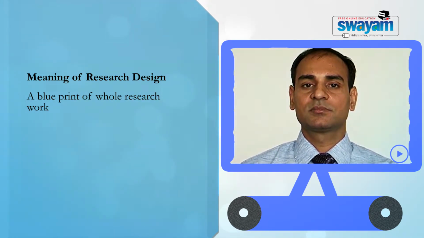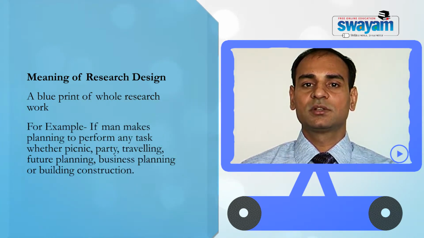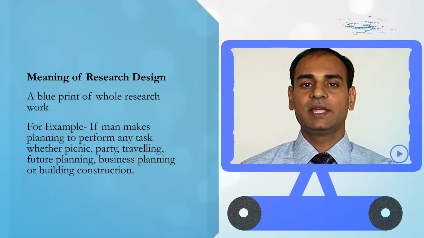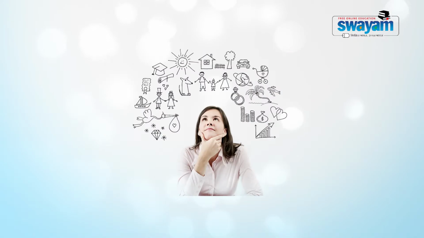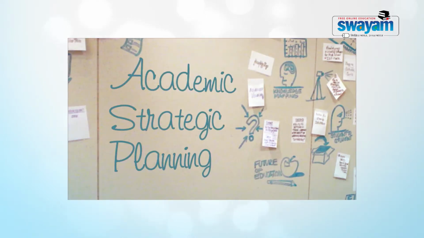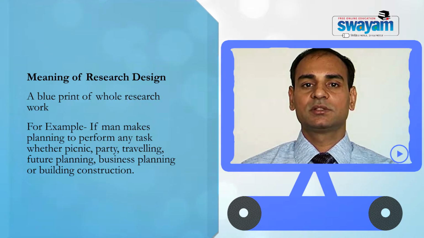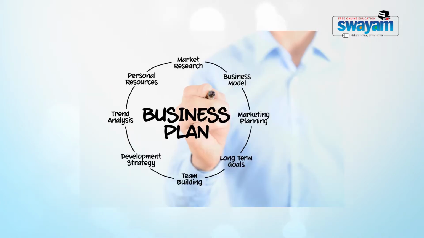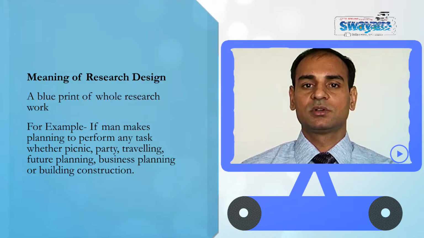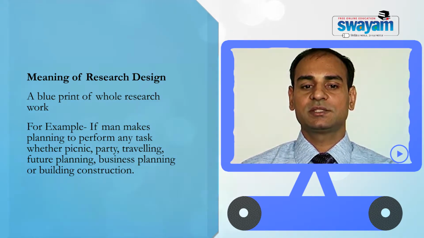In ordinary sense, if you proceed for any task like planning for a picnic, party, traveling, future planning, business planning or academic planning, before executing that planning, the person draws a certain sketch in his mind of how that act shall proceed, what steps will be followed, what means will be used and how the matter shall reach the final stage.